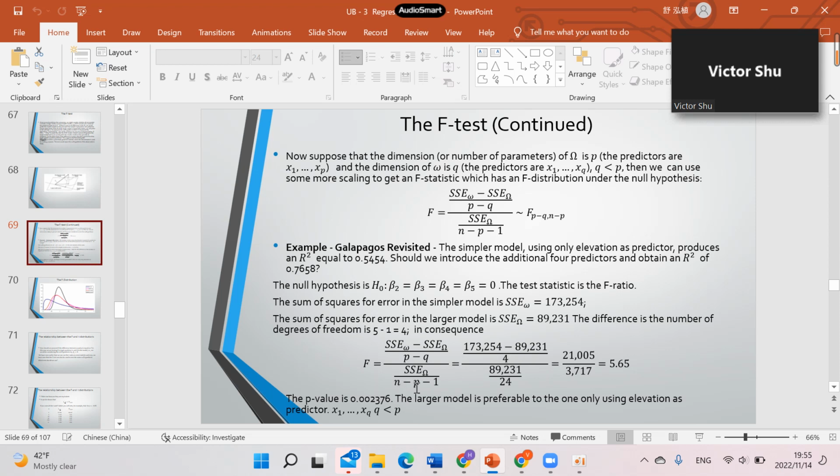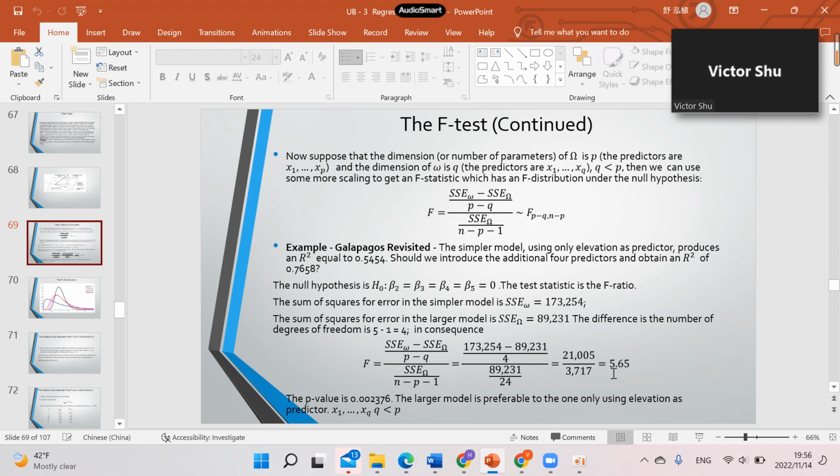And in the denominator, you have the sum of square error of the full model over n minus p minus 1. N is the number of observations, and p is the predictors you use in the full model. In this case, I have 30 observations in total, and p equals 5. So 30 minus 5 minus 1, I get 24. And I can get my F ratio.